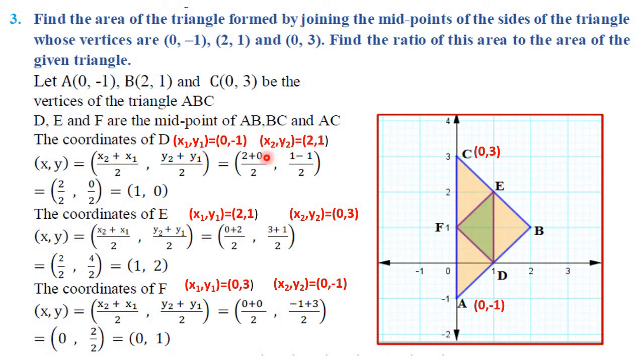Here x2 is 2 plus x1 is 0, divided by 2, and y2 is 1 minus 1, divided by 2. So 2 by 2 is 1, then 1 minus 1 is 0 by 2 is 0. So (1, 0) is the midpoint D.